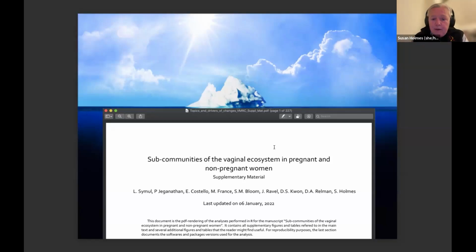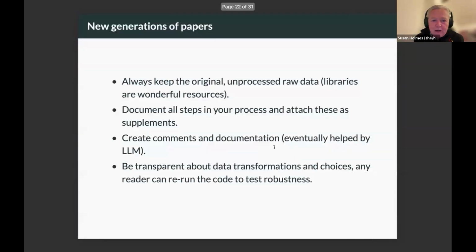And this supplement, it's not generated by ChatGPT. It was computationally generated using R, and everything was commented. We did it by hand, but we wouldn't have been able to do it without these computational tools which allow you to provide a complete supplement record.